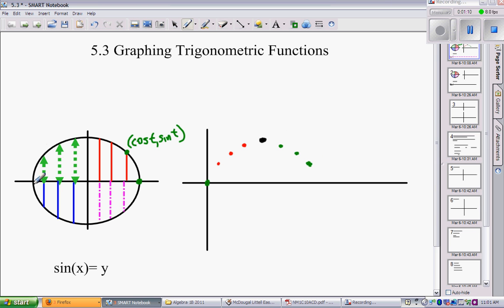And then we hit negative 1, 0, so we still are at 0. We then go into the negatives. We get a little bit negative, a little bit more, until we hit all the way down to 0, negative 1, so negative 1.